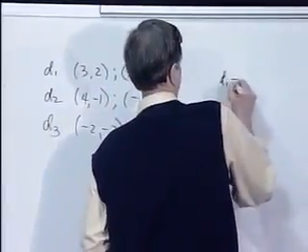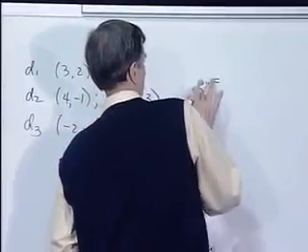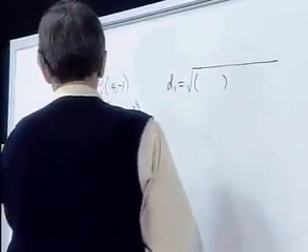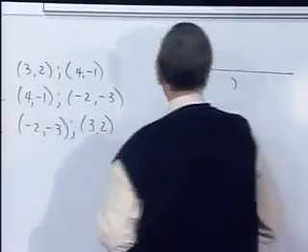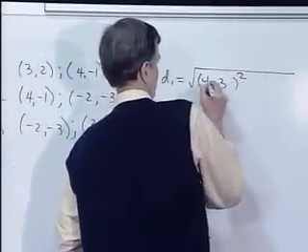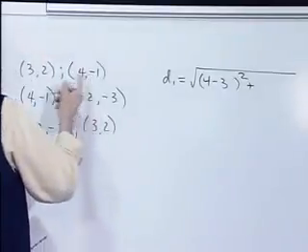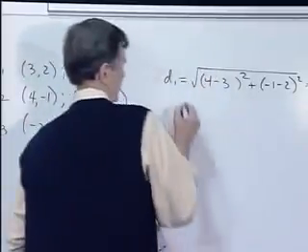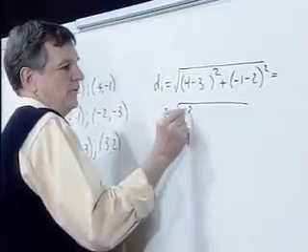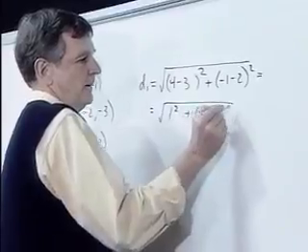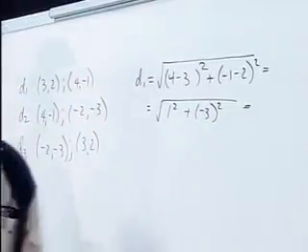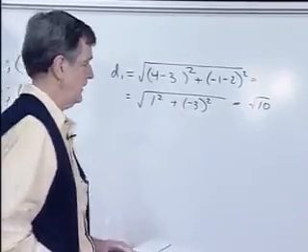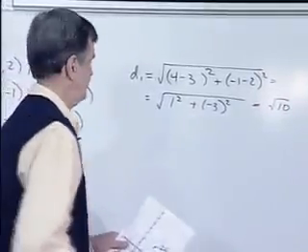Distance D1 is the square root of, let's see, I'll call this point number 2, 4 minus 3 squared, and then negative 1 minus 2 squared. And that is the square root of 1 squared plus negative 3 squared. So that'll be 1 plus 9, the square root of 10. And I can't reduce the square root of 10. There aren't any squares in it. And I don't want to use a calculator because I want to keep the exact answer in this problem.